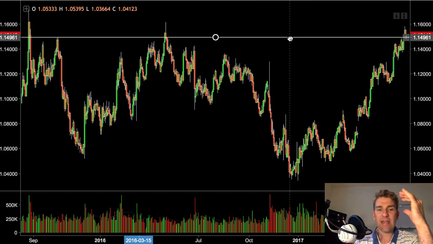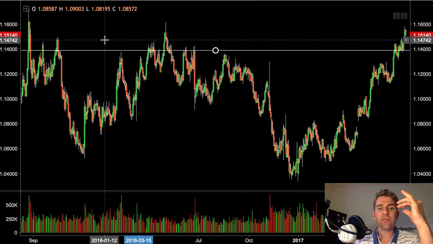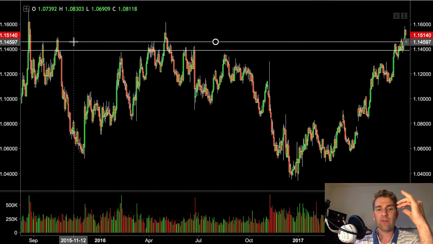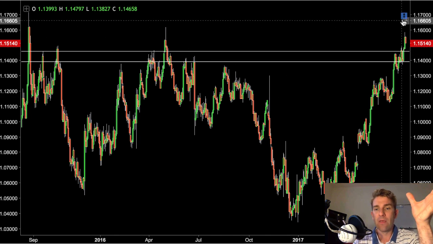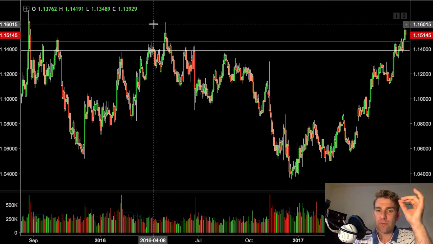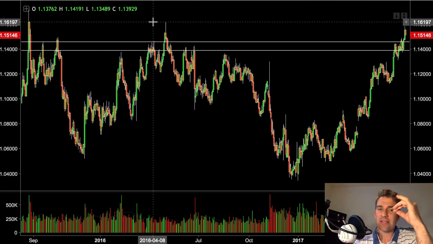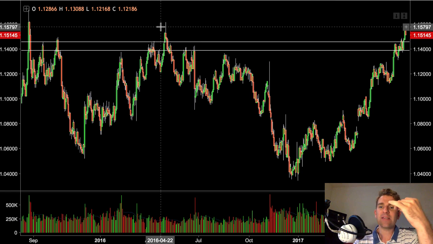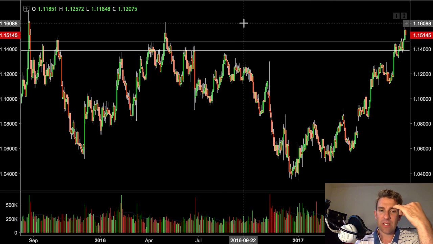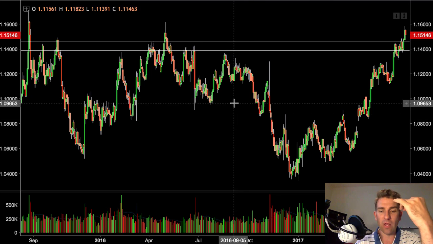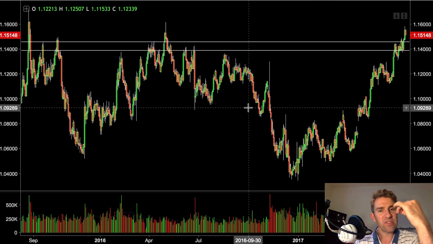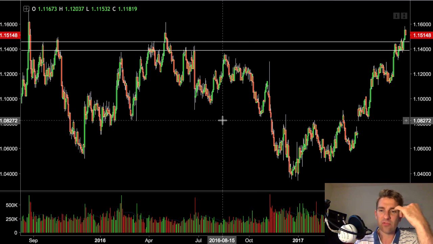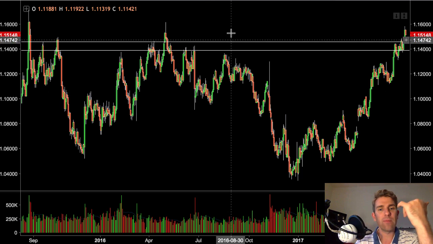What's standing out for me is a level of resistance around here. You've got a bit of a broad level of resistance in this particular chart. Just because it's tagged once, that doesn't necessarily count. We still need to look at that. It's still very valid, and there's still a lot of setups we can take from that prior high or prior low. But as a strict resistance or support level, it doesn't really measure up for me.